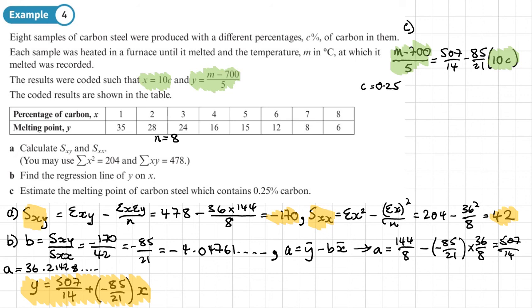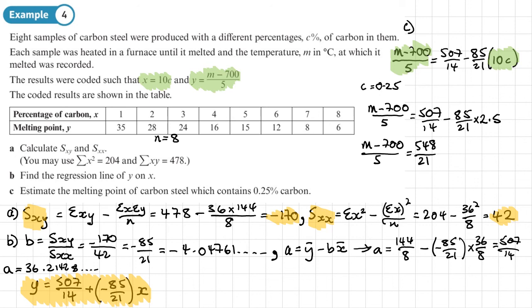So what we'll have now is M minus 700 over 5 equals 507 over 14, and then minus 85 over 21 times 10 times C, which is 2.5. So let's work out all of the right hand side now, and that gives me exactly 548 over 21. Where you've got these exact values, try and use them, and then we can just rearrange it to find M. So we're going to times by 5 and then add 700.